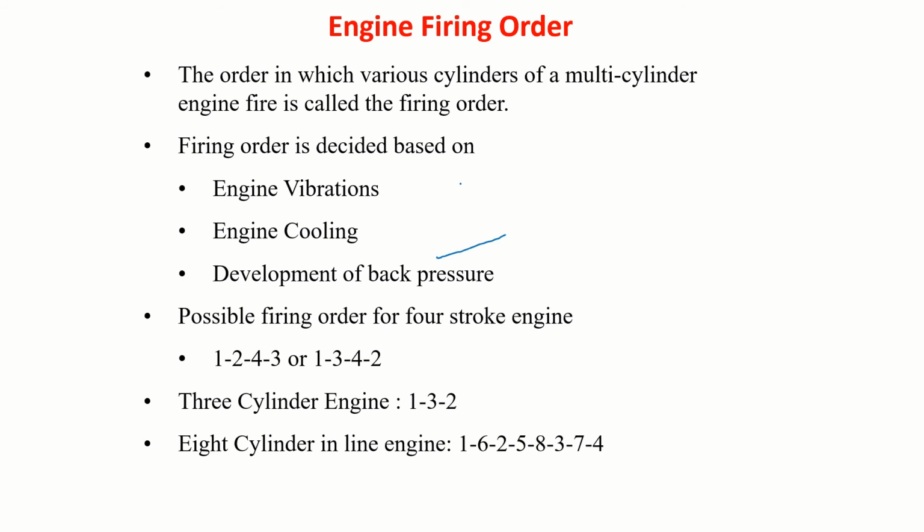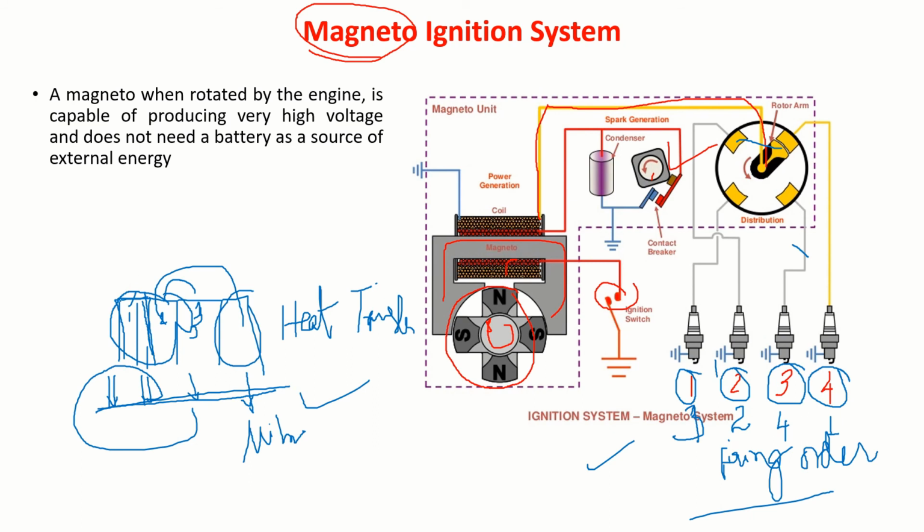So this firing order is decided based on engine vibration, engine cooling, and development of back pressure. What it means is development of back pressure. Suppose from this cylinder all the gases are going to the exhaust. Correct? Like this.